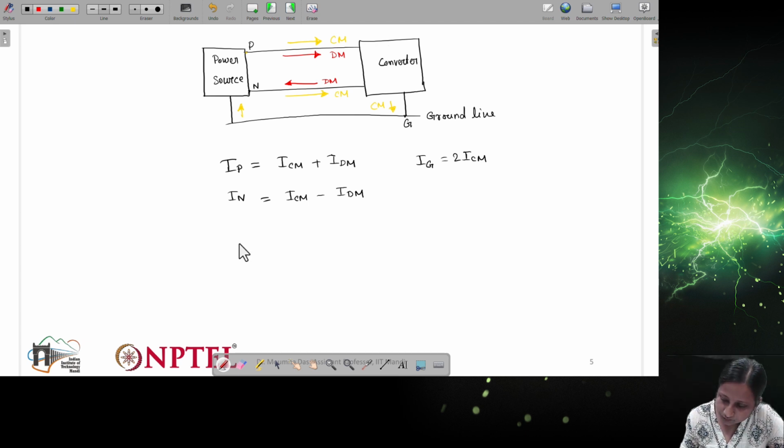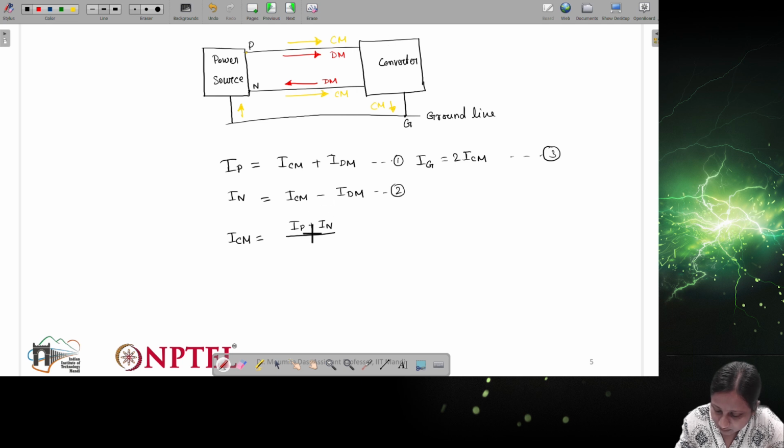Okay, now if I take these three equations, 1, 2 and 3, and solve 1 and 2, then what will I get? ICM equals IP plus IN divided by 2, right?